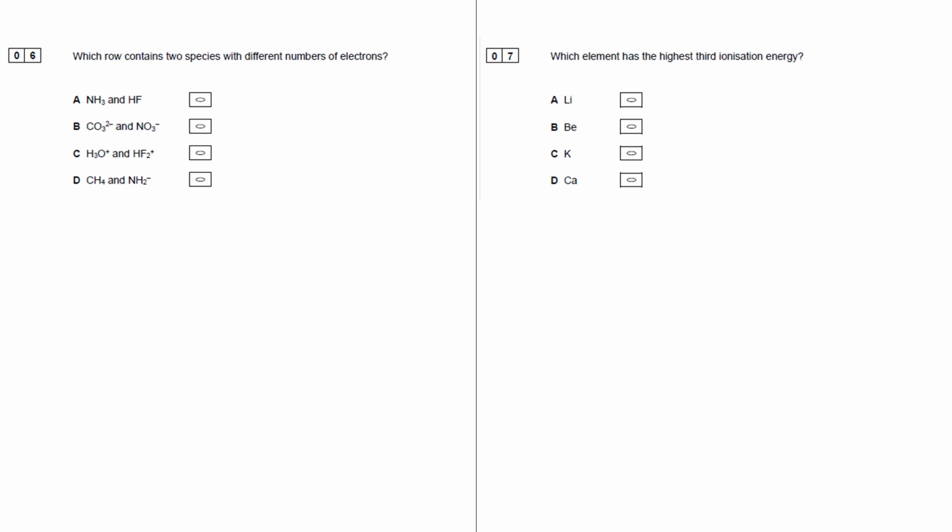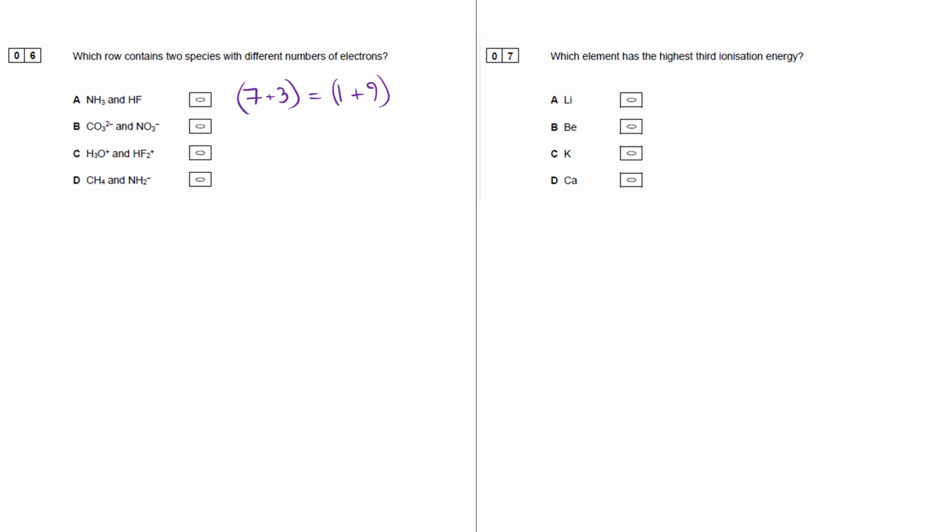So starting off with question 6, which row contains two species with a different number of electrons? You have NH3: nitrogen contains 7 electrons, 3 hydrogens, that'll be 10 electrons overall, and hydrogen fluoride: hydrogen has 1, fluorine has 9. So those electrons are the same.